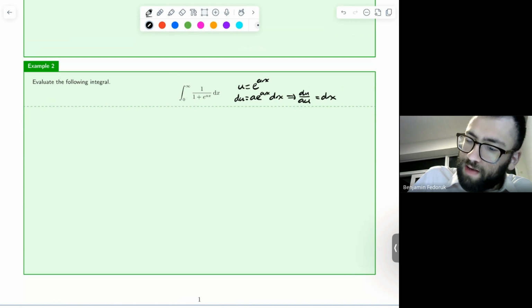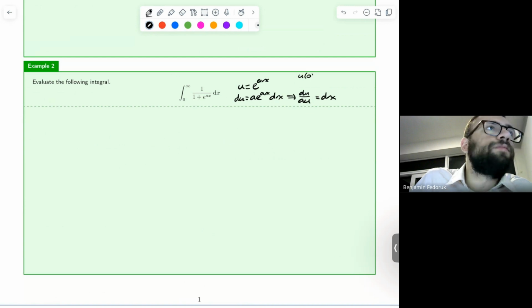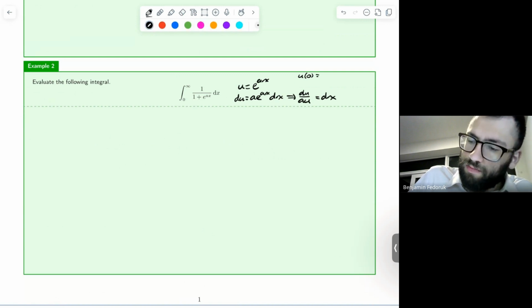And maybe I'll do my bounds. If x equals 0, then we're going to get u equals e to the power of 0, which is 1. And then if x is infinity, we're going to get u equals infinity.